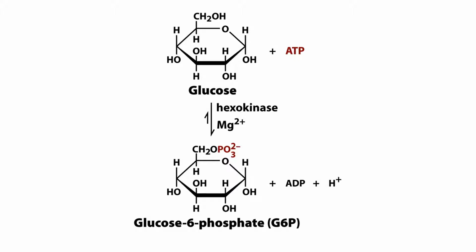It releases ADP and a hydrogen ion. As you can see, we have a large arrow going in the forward direction, a very small arrow going in the reverse direction. So this forward reaction is more thermodynamically favorable than the reverse.